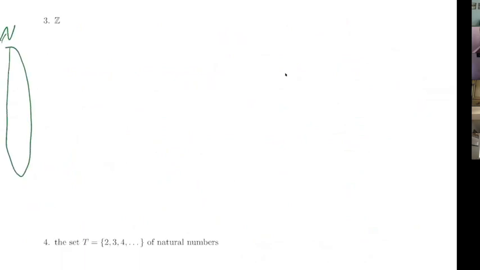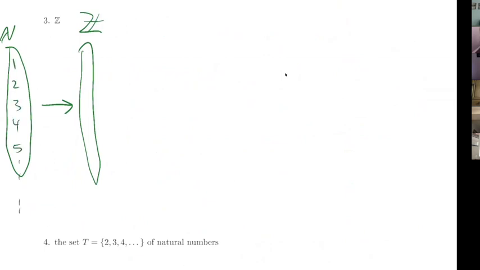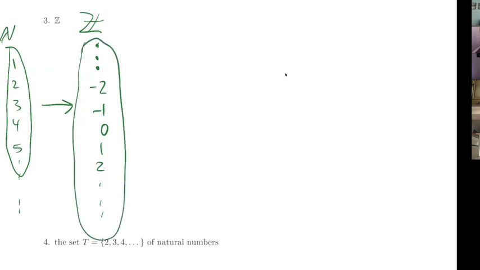Okay, so next, let's think about the integers Z. So now, right, we still are going to map from N over here into Z. And so now we've got a problem because these integers kind of go off in both directions, whereas the natural numbers are only heading off towards infinity in one direction.